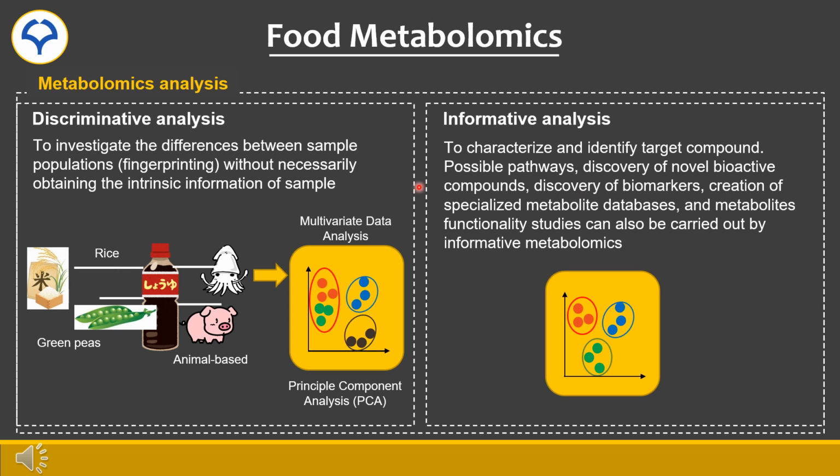On the other hand, informative analysis in metabolomics can characterize and identify target compounds to search for novel bioactive compounds, biomarkers, and to create a metabolite database for specific food samples.